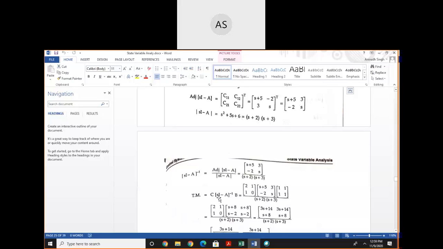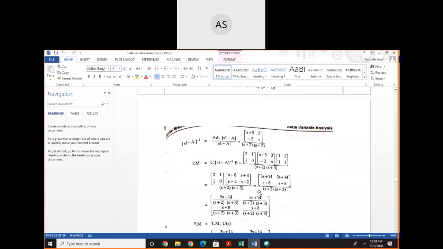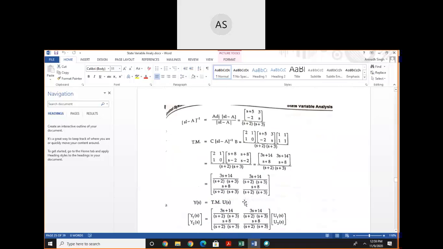So substituting the values of the adjoint and determinant, the transfer function is given by C, inverse of SI minus A, multiplied by B, and we get this equation. By solving these matrices, we get this as the transfer function.